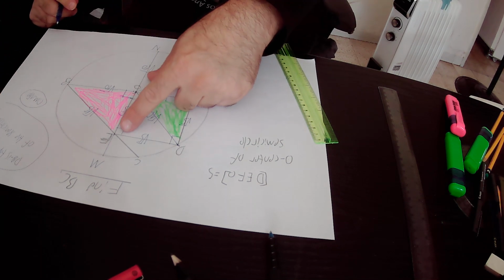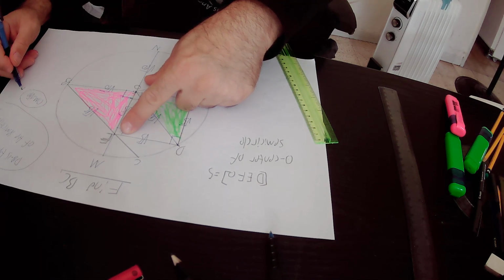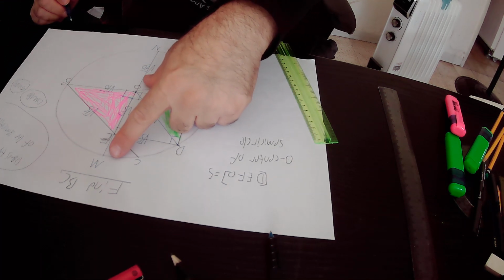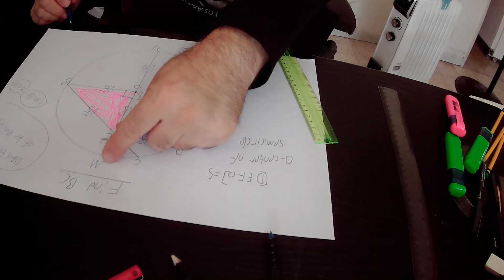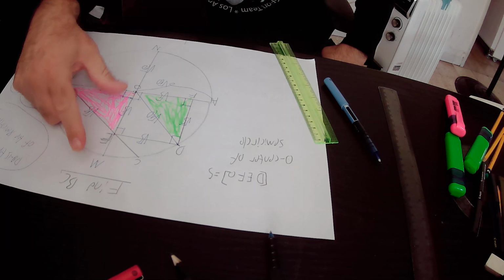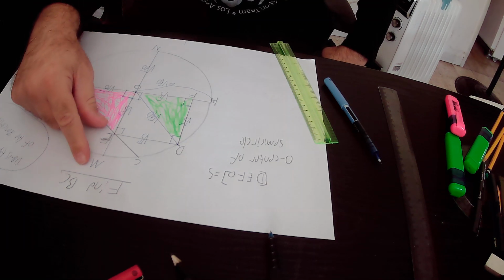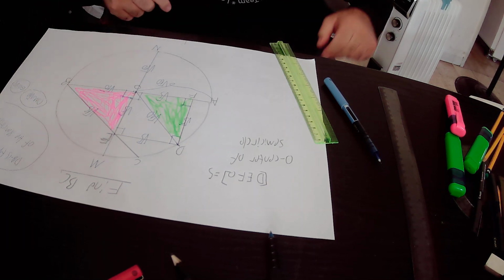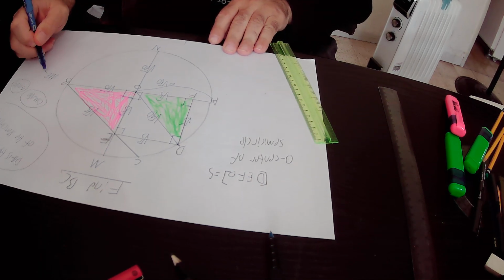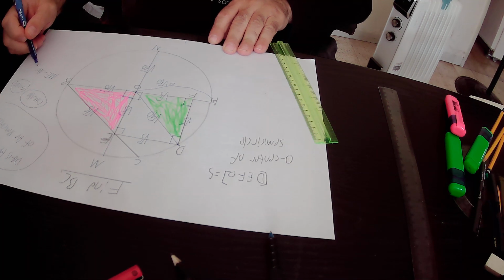We know that EO equals the square root of 5 units. From the drawing, it is very easy to see that the length of line segment ME is equal to MO minus EO.